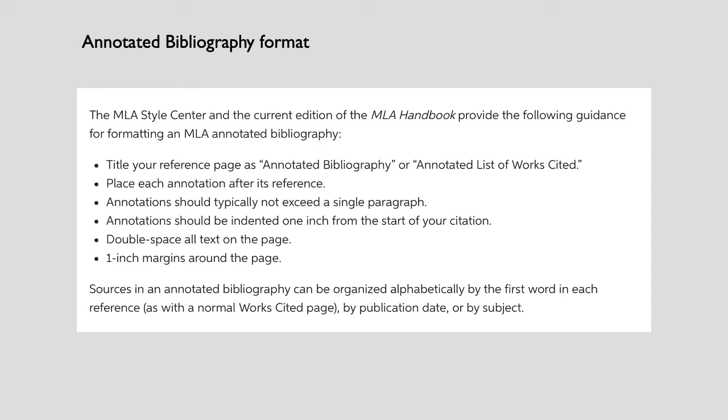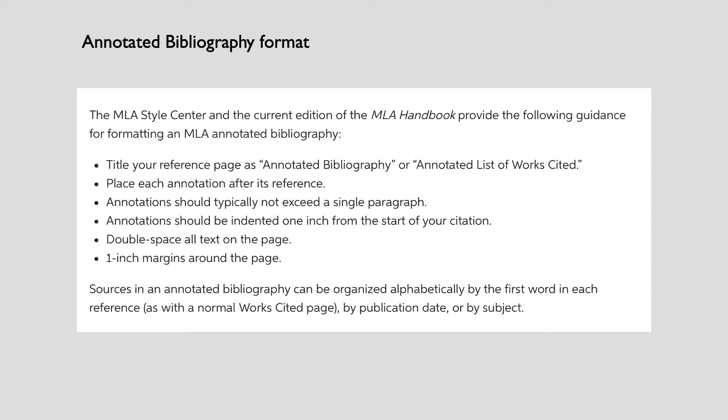So here's what an annotated bibliography looks like when you're following the MLA style guides. It has to have a title that says either annotated bibliography or annotated list of works cited. You're going to create the source first, the same as if it were an entry in a works cited page.